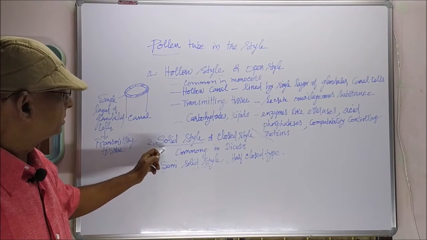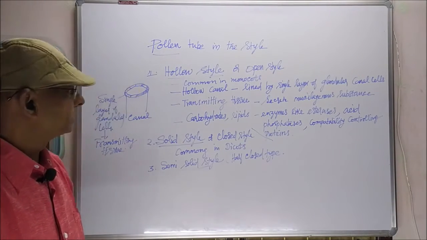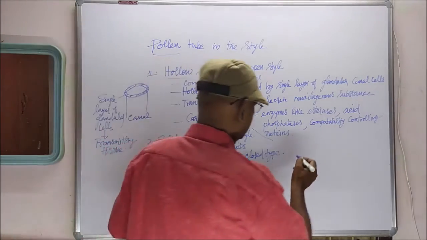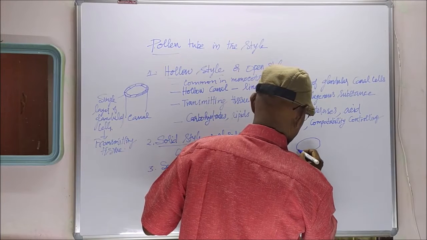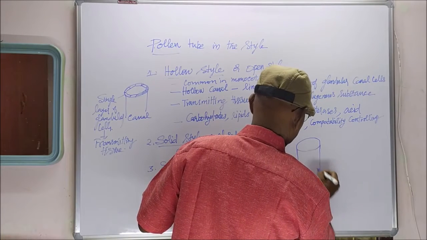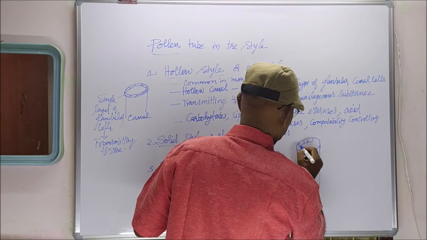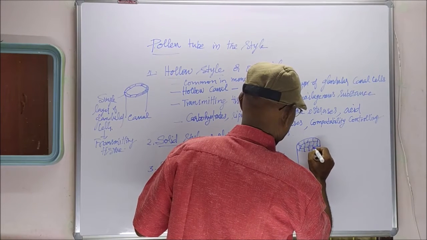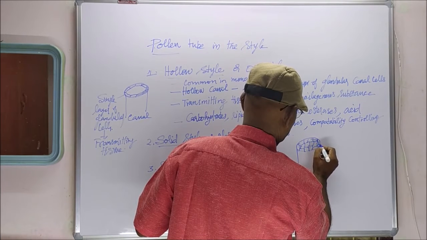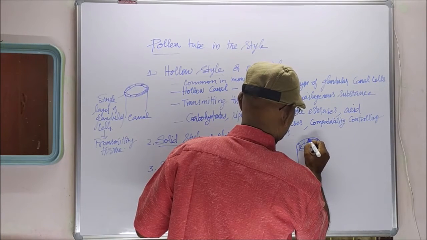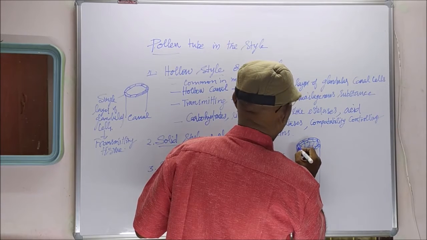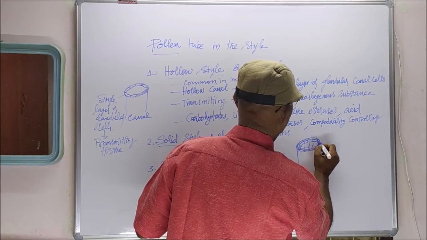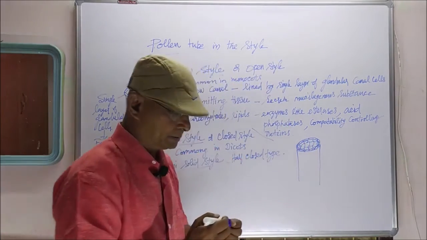Come to the second one, solid style or closed style. It is very common in dicots. Here the style is completely closed with cells, like this.